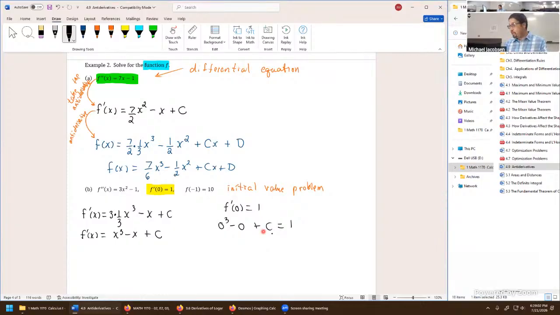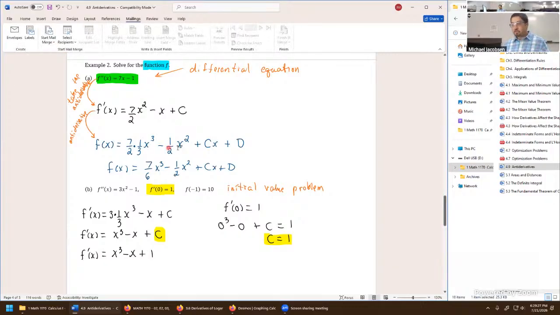This just means right away, c equals 1. Sometimes the equation is a little bit more involved. We have to move things over, solve for the constant c. But this one automatically tells us c has to be 1, so we just plug it in. Now f prime at x is x cubed minus x plus 1.